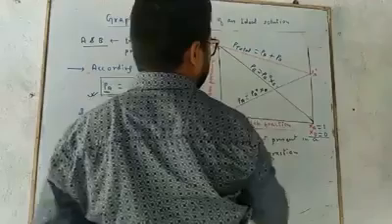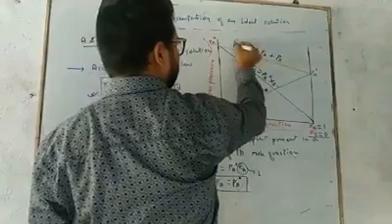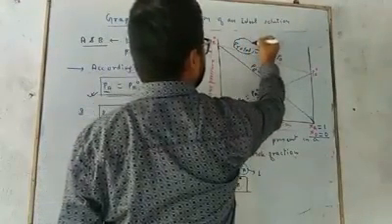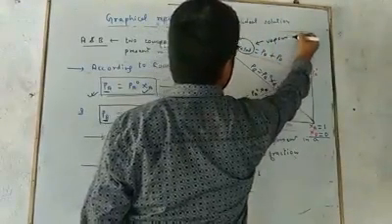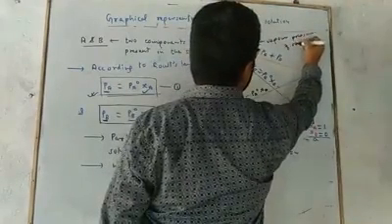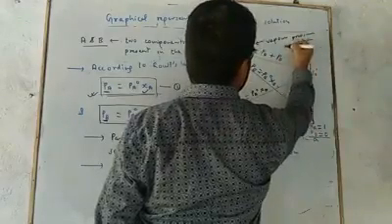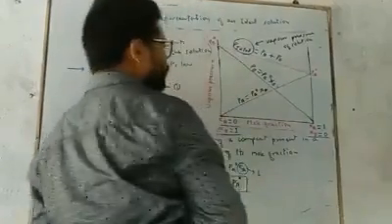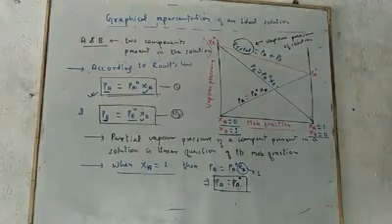This P total means vapor pressure of both components, and both components will form a solution. So we will say vapor pressure of solution. So this is the graph of an ideal solution.